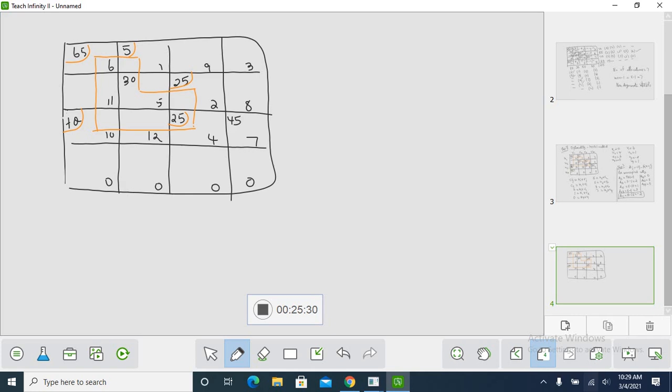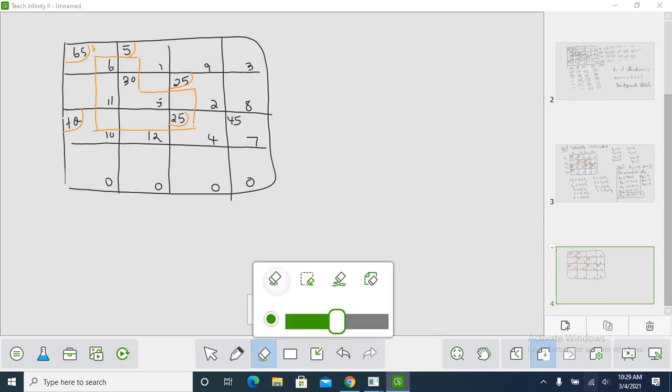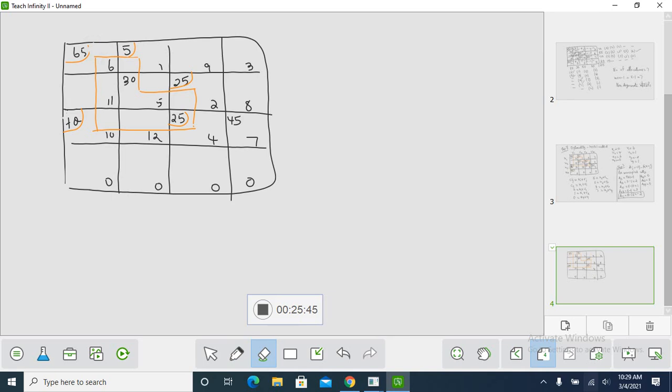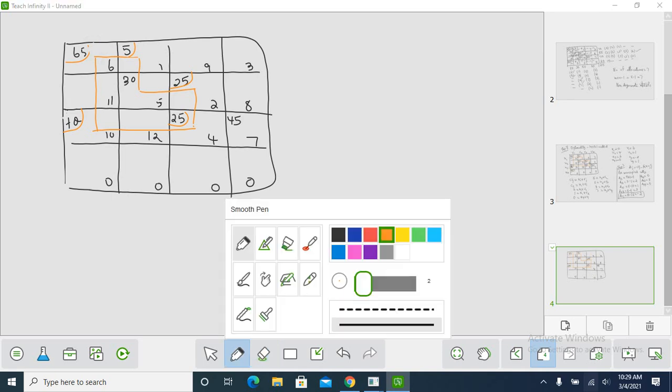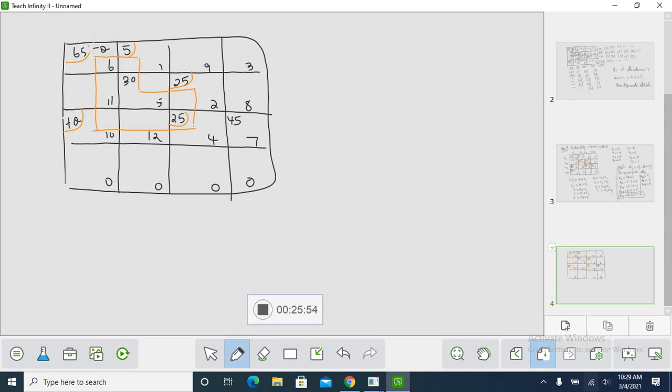So now what I have to choose is the two cells which are adjacent to this positive theta. If it is positive theta here, what we actually need to do is assign alternately positive, negative. So in this position, if it is positive, here I should have a negative theta.